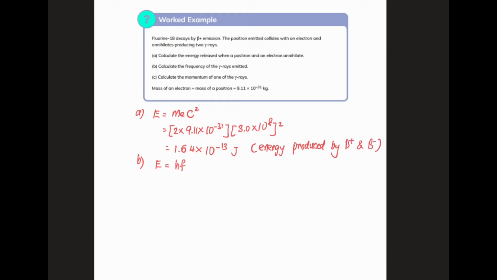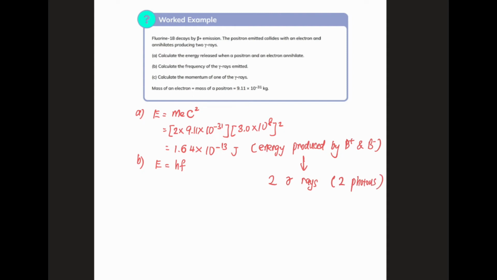The energy produced by the positron and electron, at the end they become two gamma rays that move in opposite directions. Okay, so it becomes two gamma rays, so that means two photons.